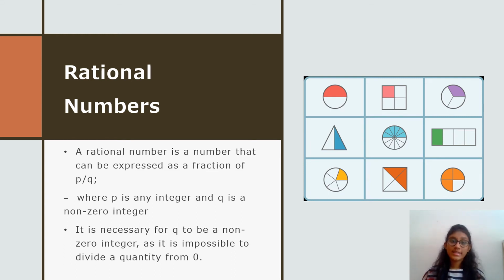We will see why this is the case. Here, as you can see in the image, all parts are divided from either out of 2 to even 8 portions. This is even possible for dividing from 1. But when there is nothing to divide from, you can't possibly take anything from it. That is why the denominator cannot be 0.